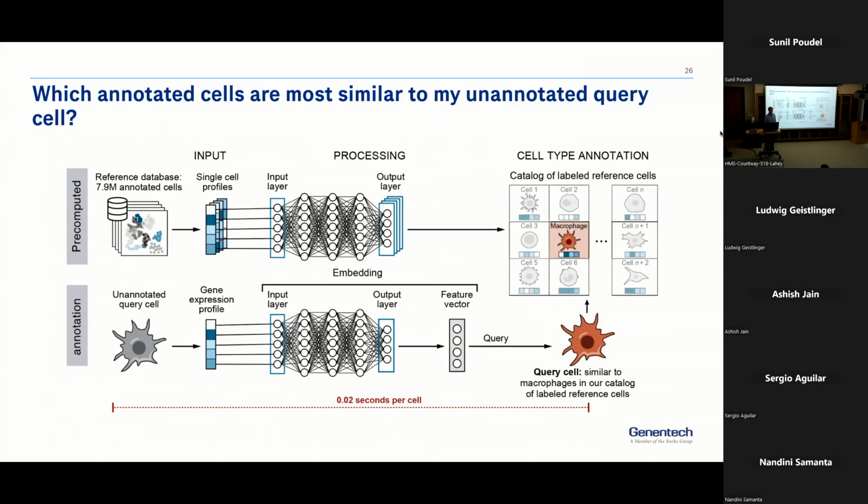Okay, this is a pretty clear instance that this cell is a macrophage. And the cool thing is this whole workflow takes 0.02 seconds per cell. So you can start to classify large data sets, million cell data sets, scalably with this method. You don't need to input your reference data sets. We already have this huge reference available for you.